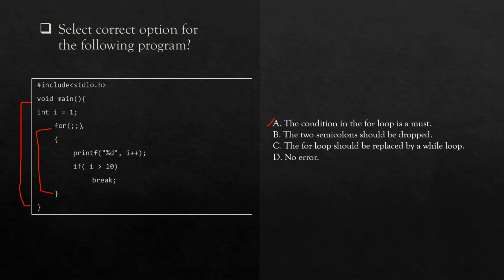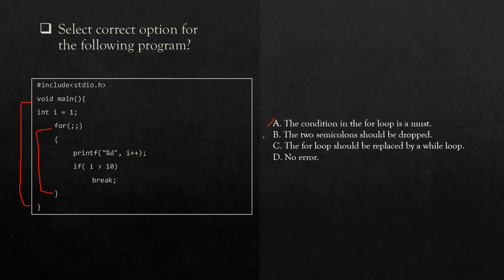That means we need a condition inside the for loop. This is a wrong statement. We know that if we don't have any initialization and any condition inside a for loop, that means this is an infinite loop. We'll discuss what an infinite loop is later in this video.